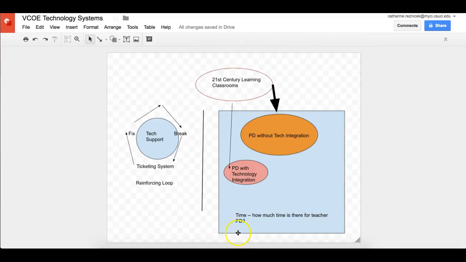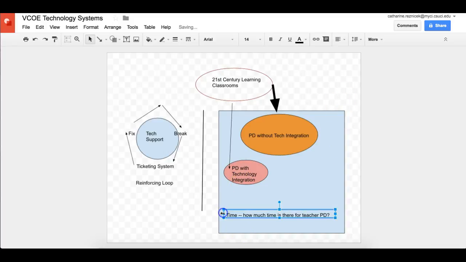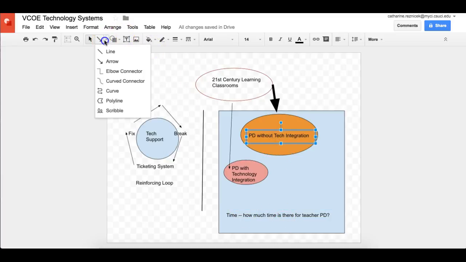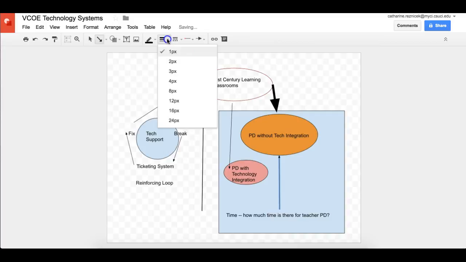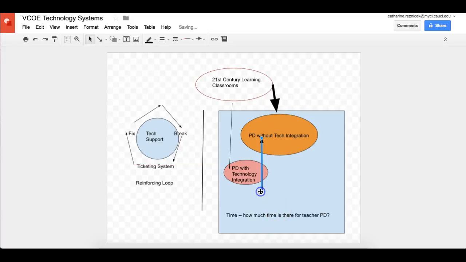I think in our organization, more time is spent here. And I'm going to make this bigger because I think less time is spent here.